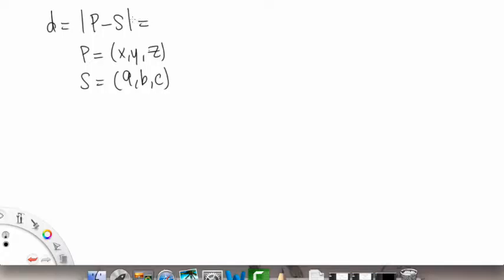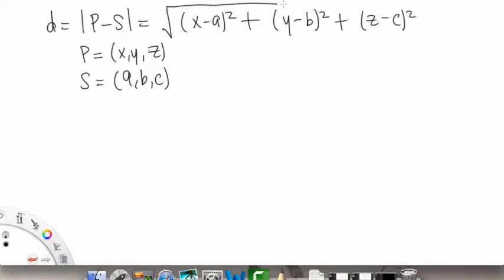Let's say we're finding the distance between some other point, not R, but P and S. Let's say P has some coordinates X, Y, and Z, and S is A, B, C. We're just going to find the distance between them: X minus A squared plus Y minus B squared plus Z minus C squared, all under the square root sign.